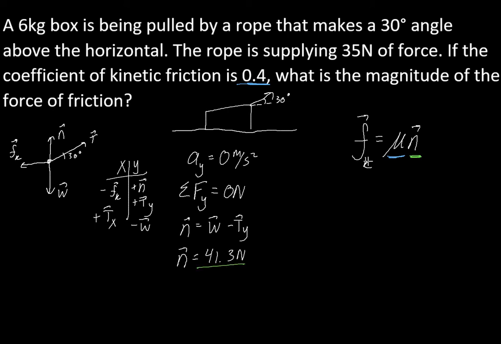And we can say that the kinetic friction is equal to the coefficient of kinetic friction times the normal force, 41.3. So our kinetic friction is equal to 16.52 newtons.